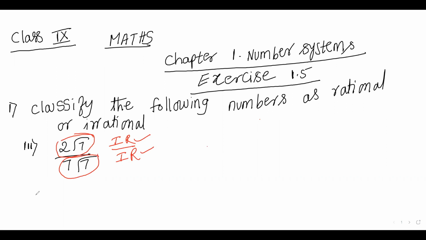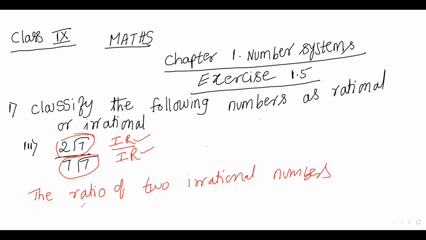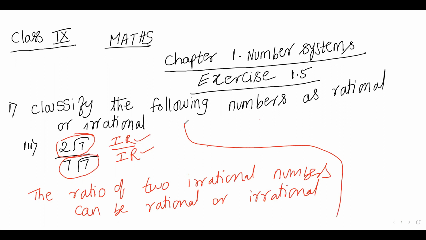So the statement says the ratio of two irrational numbers can be rational or irrational. Anything is possible.